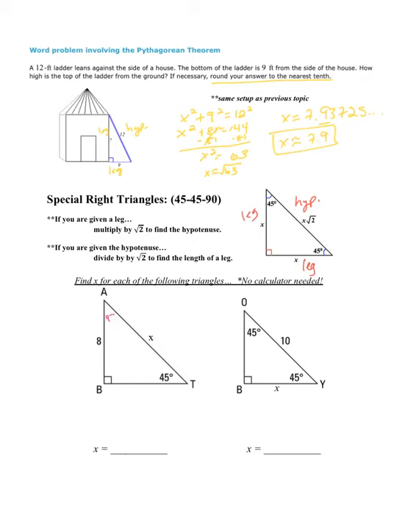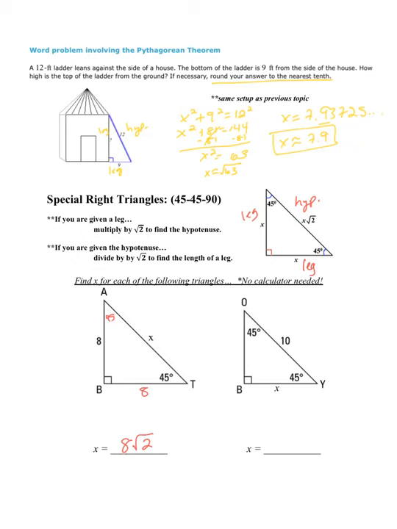Because there are only 180 degrees in a triangle, and there's only 45 degrees left. So we are pulling in stuff that you learned about triangles. All right? So AB is 8, BT has to be 8. And by the property of special right triangles, you don't have to do any math. X is 8 times the square root of 2.